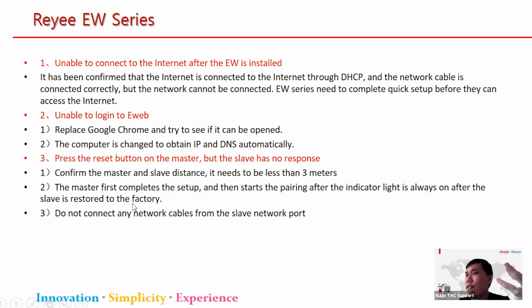This is a faster way to help you do the troubleshooting. Do not connect any network cable to the second unit or third unit for the wireless mesh AP. When you are doing the mesh, please make sure the second and third units are factory reset and not connected to any cable yet.